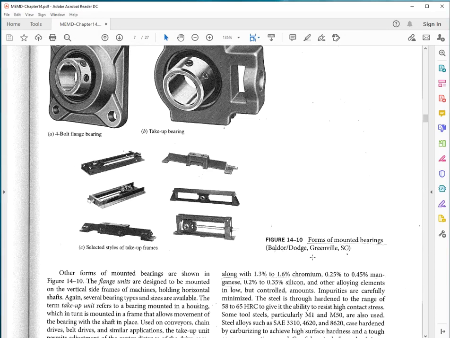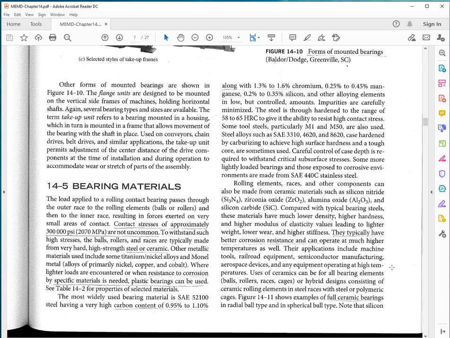In terms of the materials, bearing materials, there are alloyed steels. You can see the alloying elements in addition to carbon. There are high carbon steels for hardness. There are also alloying elements like chromium and manganese and silicon. So hardness is the main requirement, as well as stability.